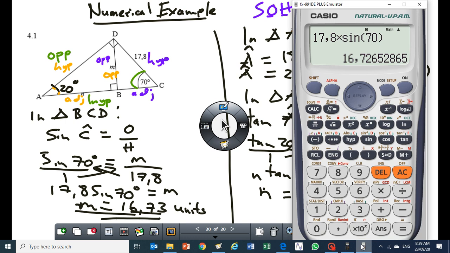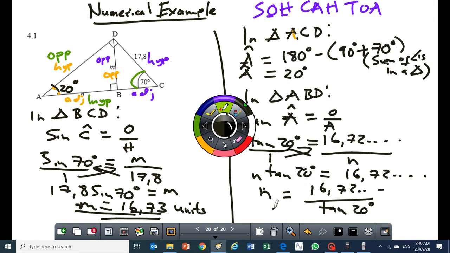The good thing is we already have that 16,7 something, so we just divide this by tan 20. So you end up getting 49,96 to 2 decimal places.